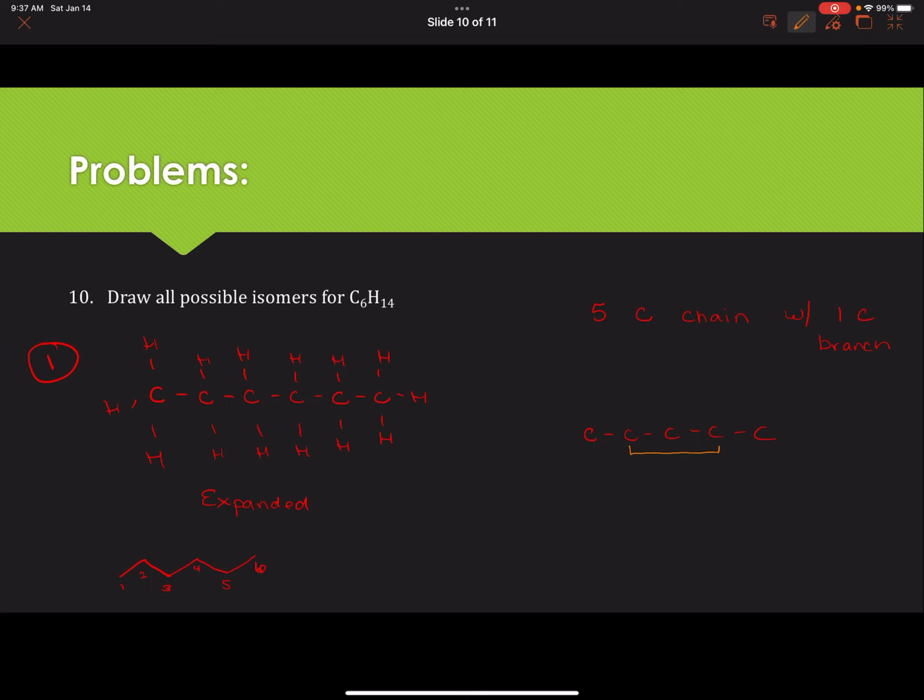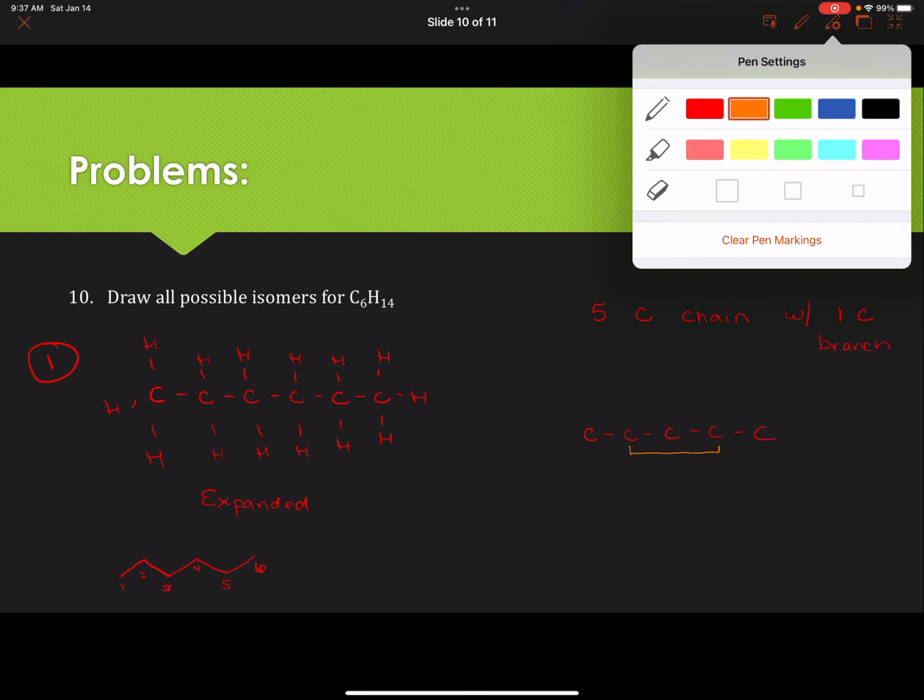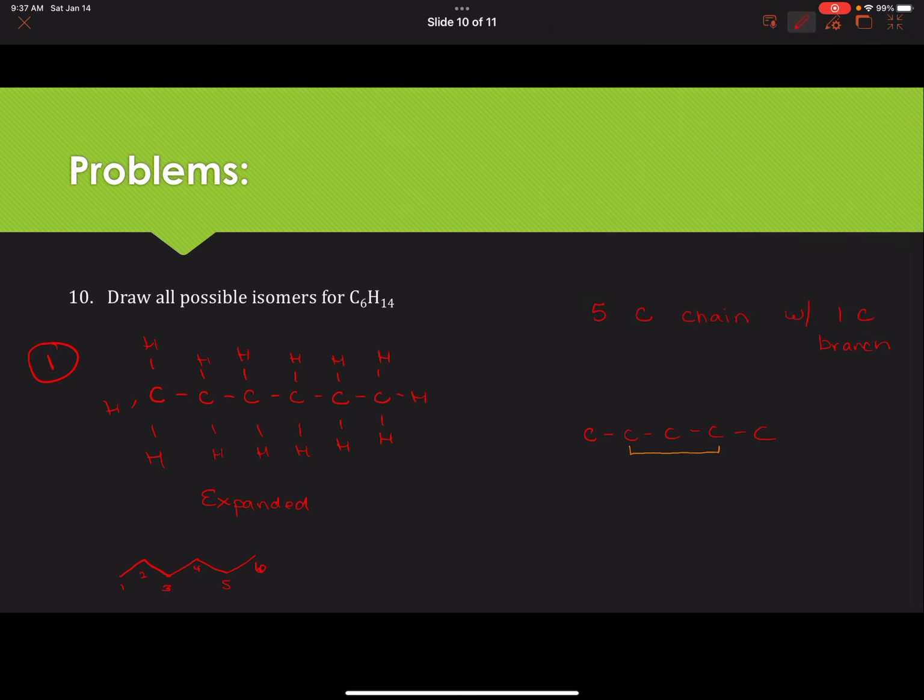I cannot place it on the ends. It can only be on an interior carbon. So I'm just going to use my first interior carbon. And I'm going to fill in my hydrogens. I'm just going to do the condensed just so we can get through this quickly. So this is now my second isomer.